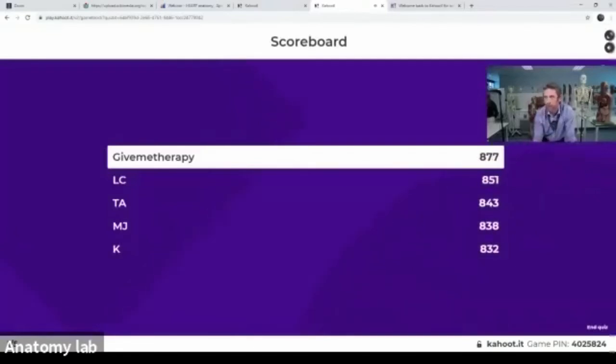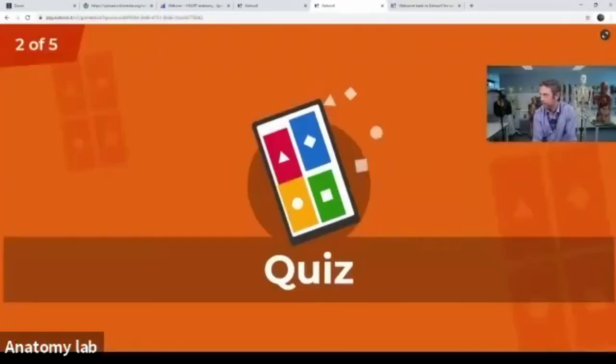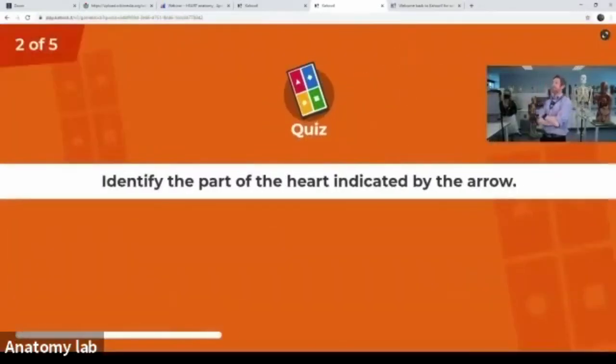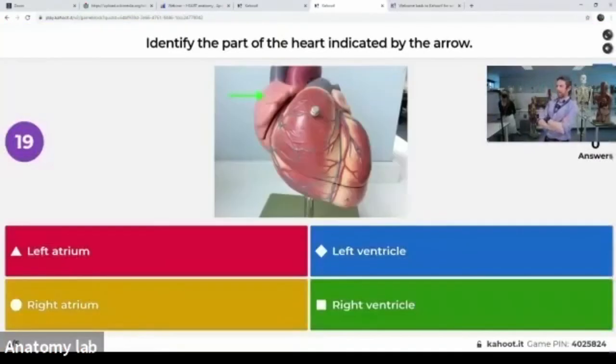Okay, and of course we have a scoreboard, and students can be a little bit competitive. 2, identify the part of the heart indicated by the arrow.